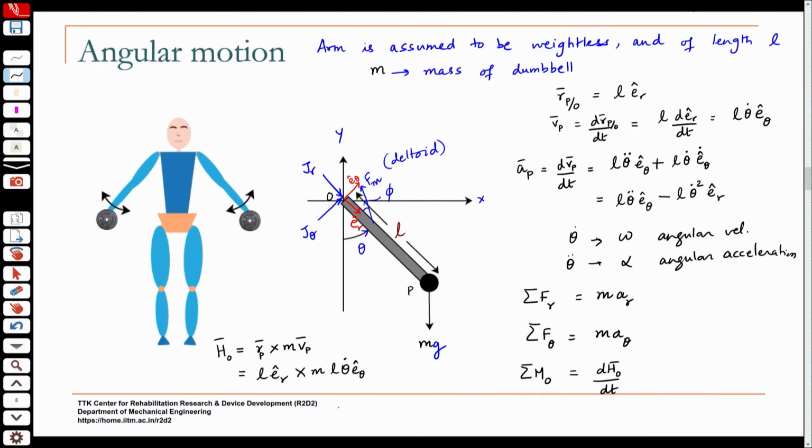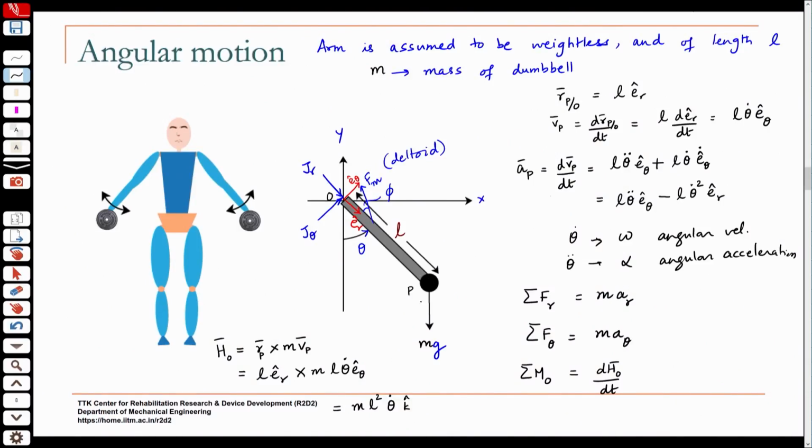So, what does this give me? m L square theta dot along E r cross E theta is again just k, m L square theta dot k. You can also look at it as the moment of inertia of this mass about the point O, mass times that L square here.